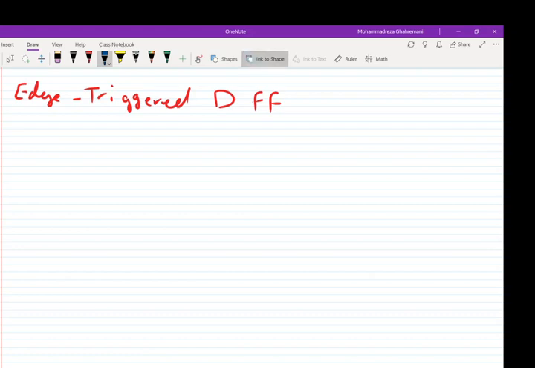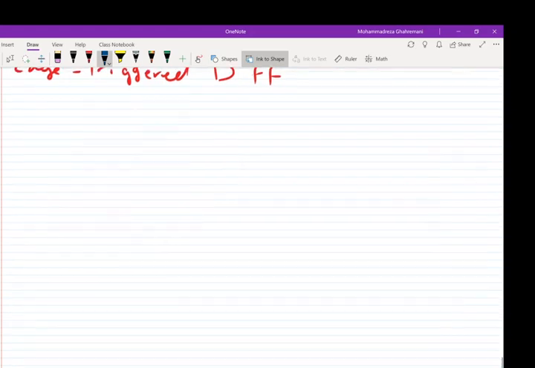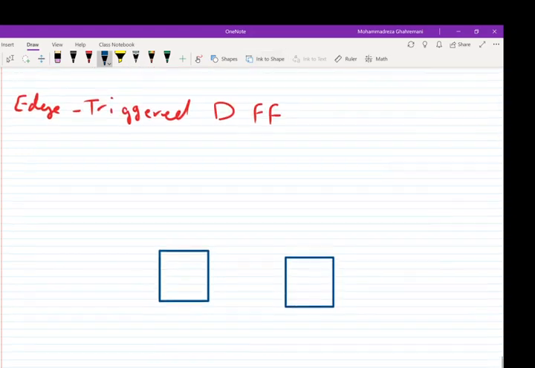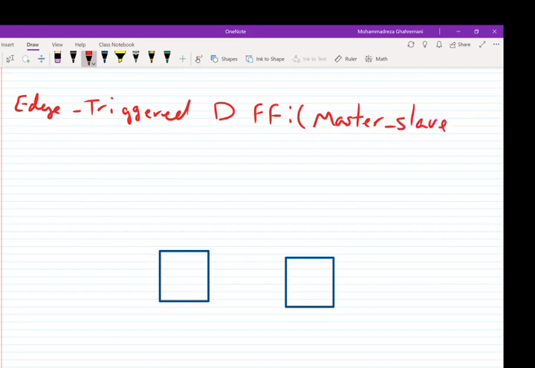If you remember, I said that the latch is the basic component to build flip-flops. So here I'm showing that we build the flip-flop using two latches. And this flip-flop is called a master slave flip-flop.